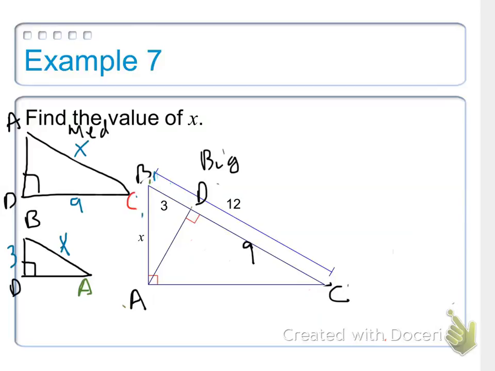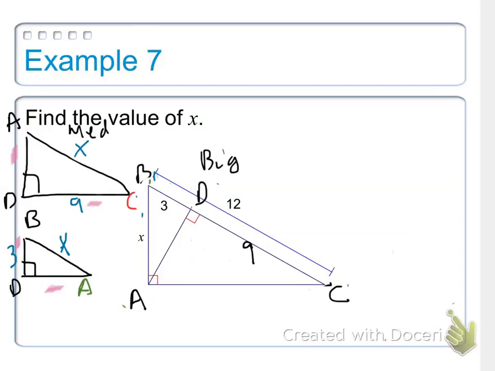Let's match some things up. Well, we don't know AD, and we'd like to make AD go with 9, but there's nothing to match up. We'd like to make 3 go with AD there. That's a problem there.